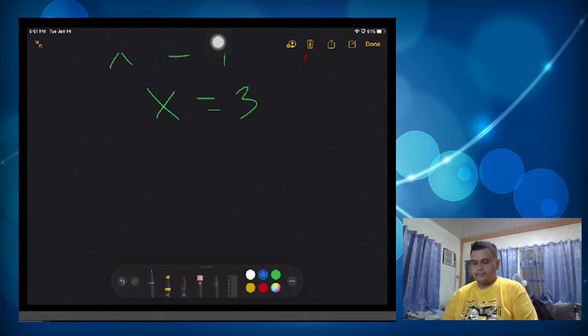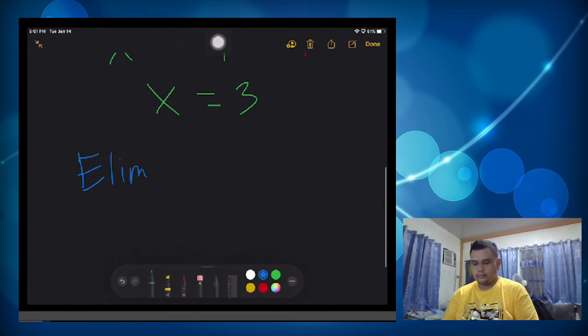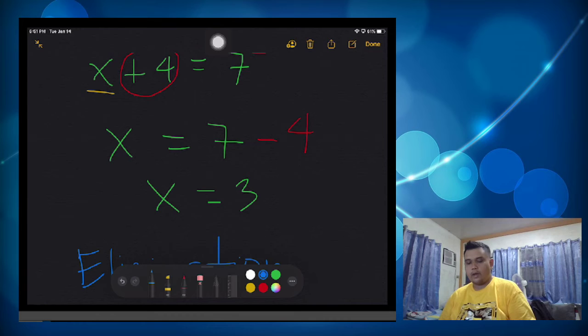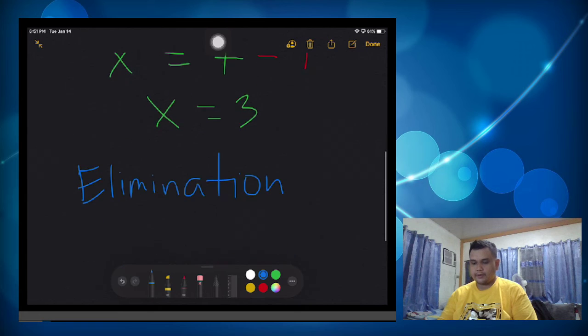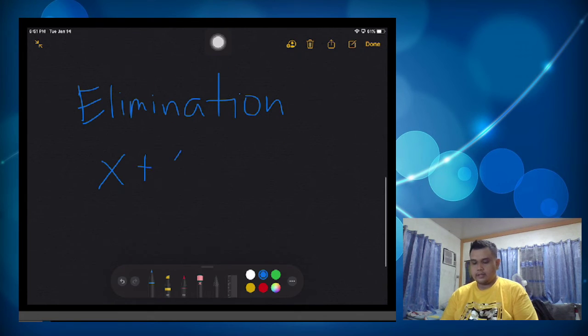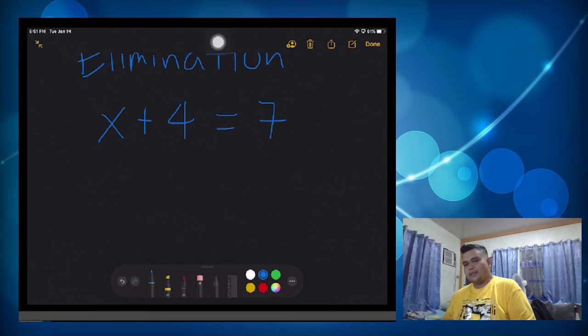Okay, so the elimination process is going to show us why positive 4 became negative 4. We're going to use x plus 4 equals 7. When we are solving a linear equation where we derive and leave a certain variable on one side, you want to leave the variable alone by removing other things along with it on that side.